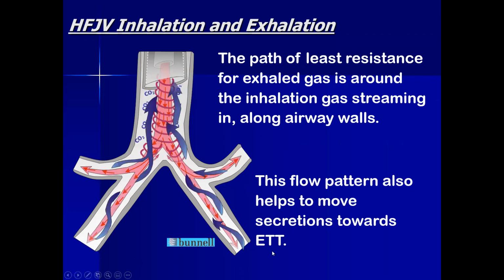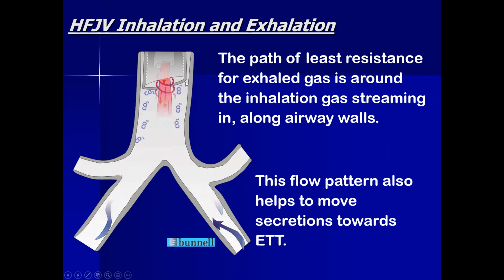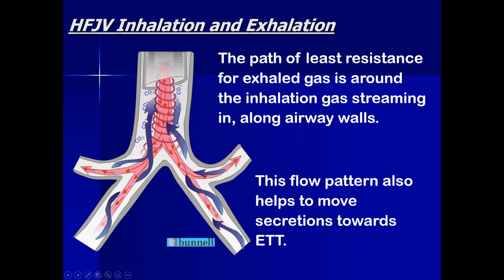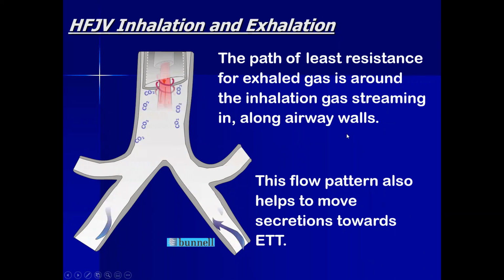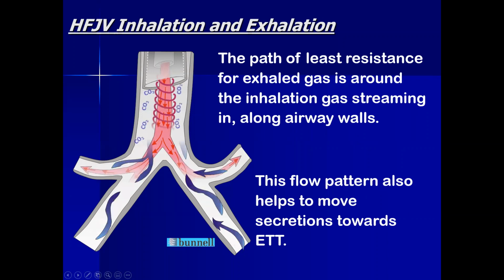It's pretty quick, isn't it? So you see, it says CO2 on the sides. So the blue arrows are showing you how the exhaled CO2 is leaving the patient's lungs. And the other thing is it helps mobilize secretions.